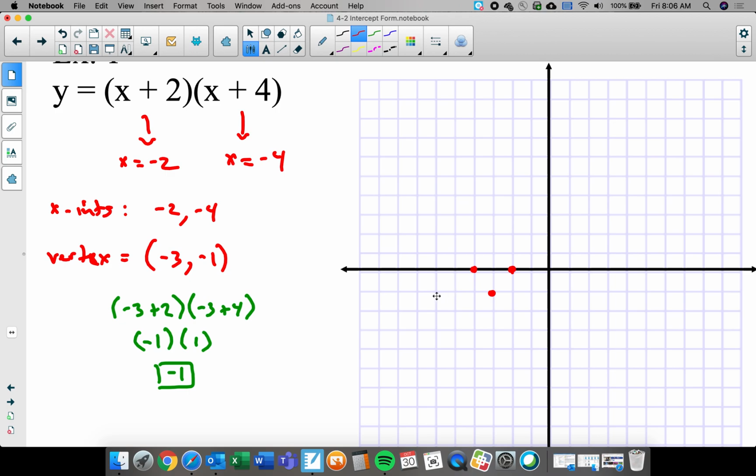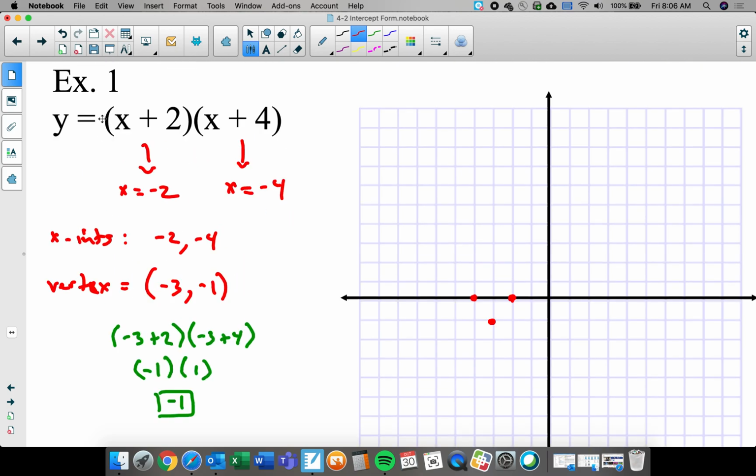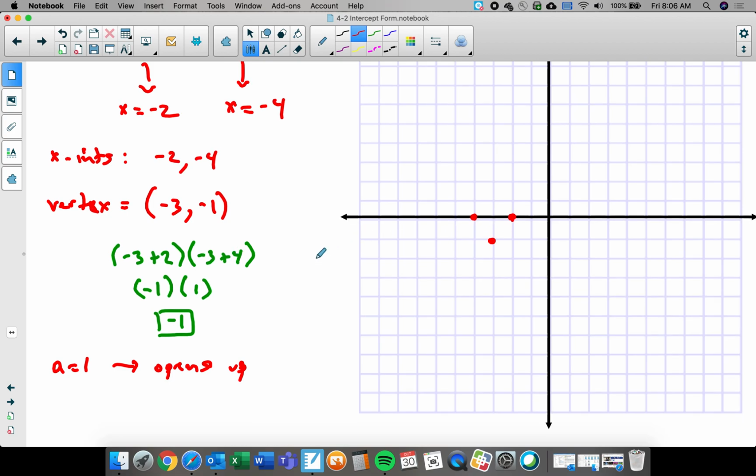I've got my x-intercepts. There's an a value sitting right out in front. That a value is 1, which means this opens up. And these two points actually kind of confirm the a value. If I go from my vertex up 1 over 1, it happens to be the x-intercepts, so that works out.